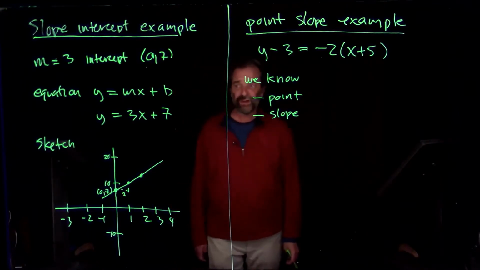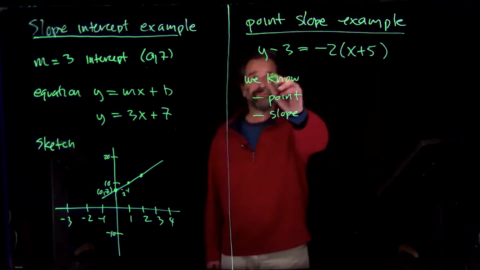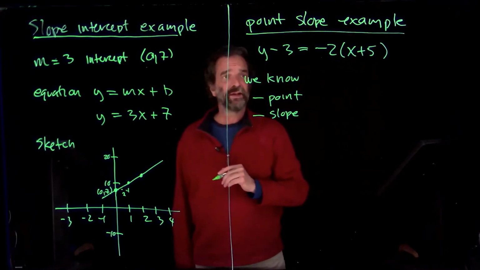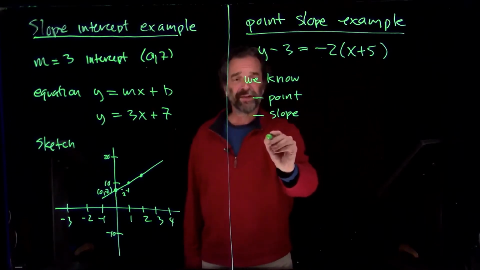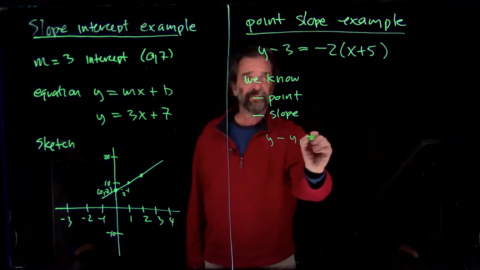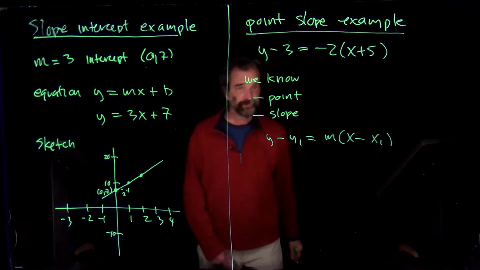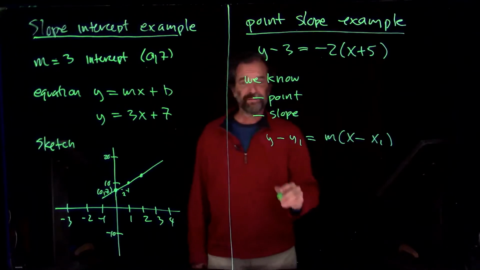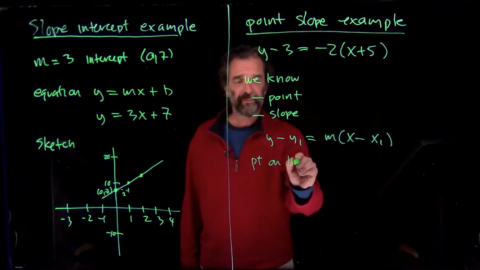And then we'll come over here, point-slope example. So here's an equation that you might face. And if you recognize it, it looks like it's in point-slope form, because that's y minus y1 is m times (x minus x1). And so we can read off the point on the line.